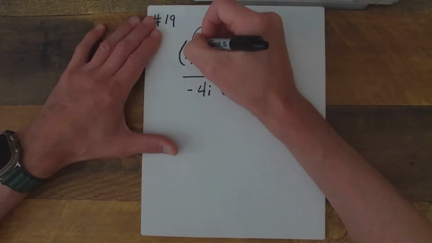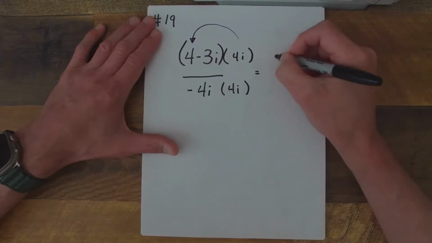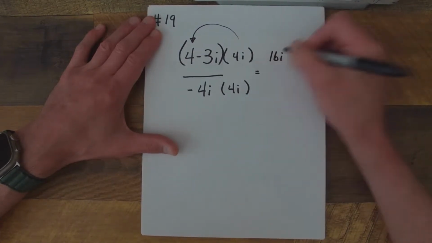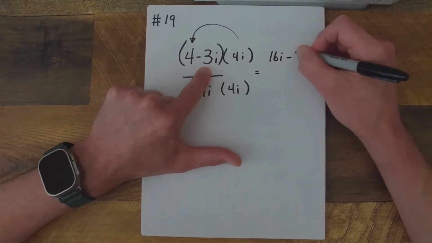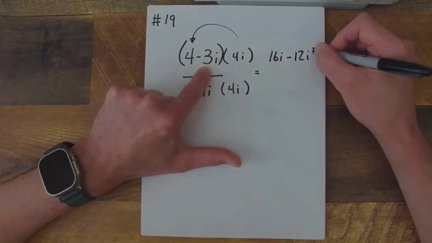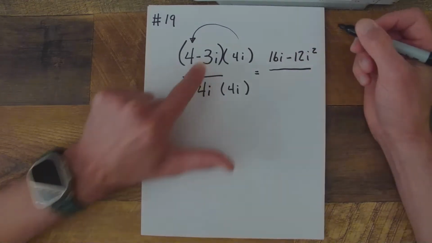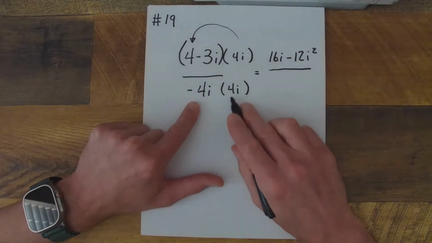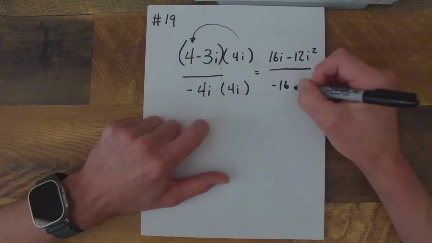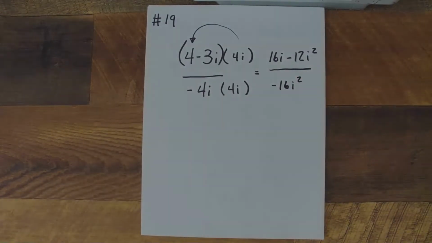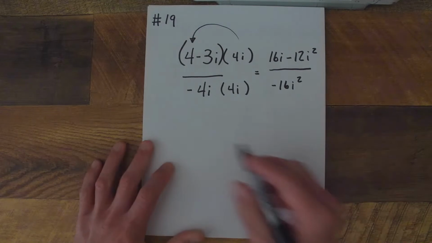4i times 4 is 16i. 4i times -3i is -12i squared. Over, now down here, -4 times +4, and -16i times i squared. Now it's important to remember that if we see i squared, we want to change that to -1 because that's what i squared represents. It's really -1.